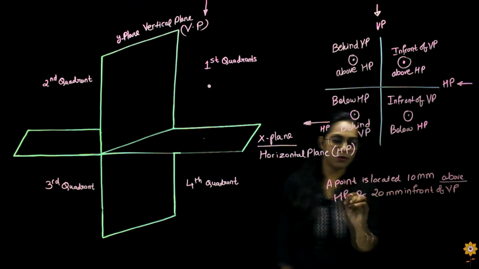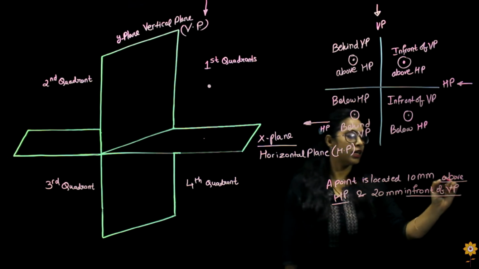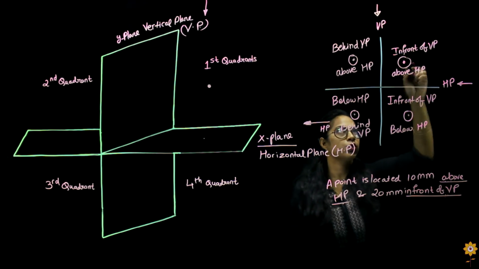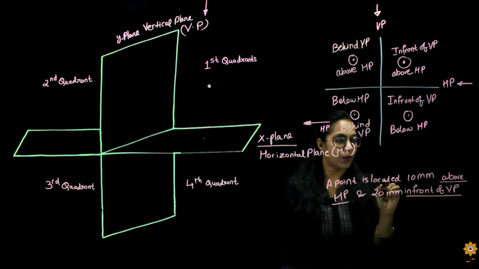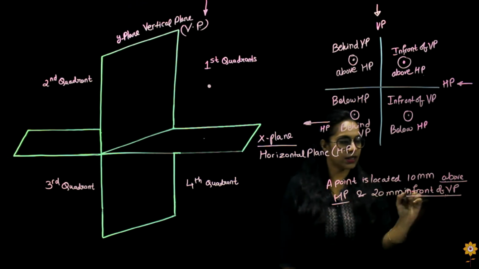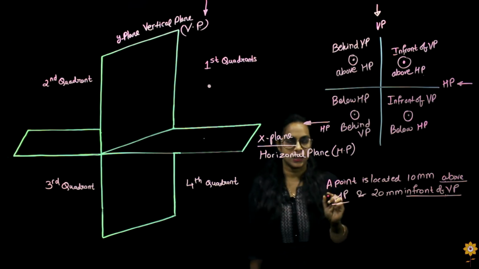Now it is above HP and in front of VP. Now these are the coordinates or the location for the point which is in first quadrant, in front of VP and above HP. By this wording or this sentence we recognize that the location of this point is in first quadrant.